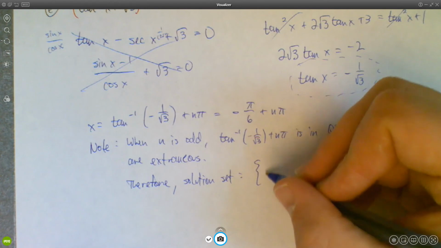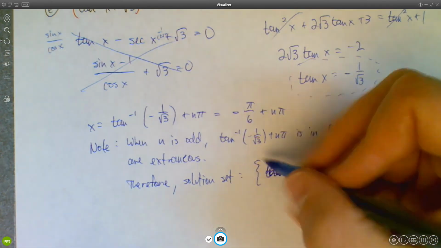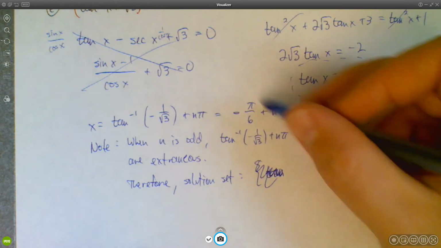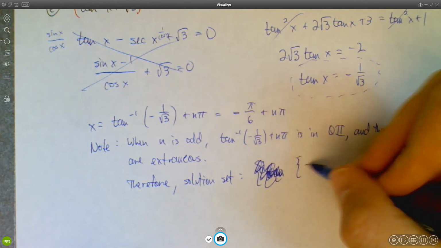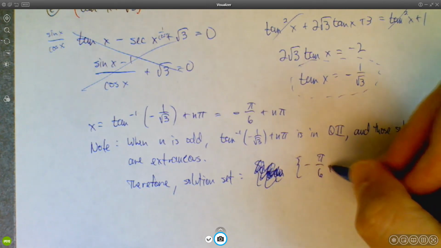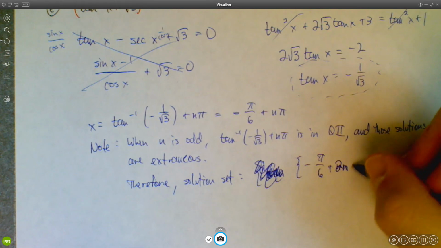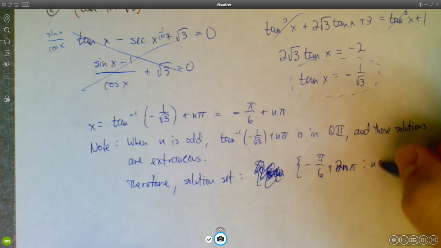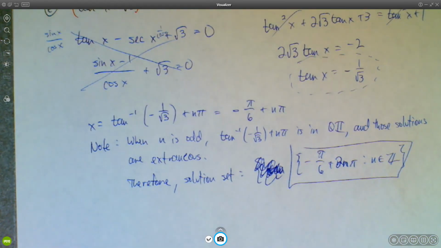So really the solution set is going to be, sorry, I don't know why I wrote tangent inverse, it's just negative pi over 6, right? But anyway, the solution set would be negative pi over 6 plus 2 n pi. Okay, so there's the solution set there.